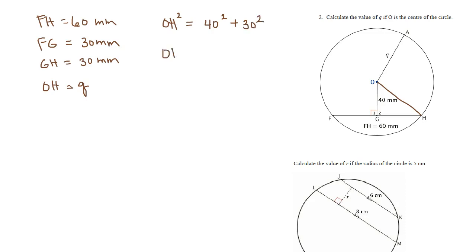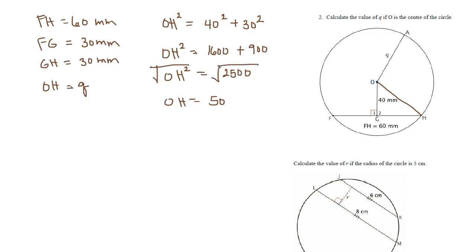Then OH squared is equal to 1600 plus 900, and OH squared is equal to 2500. By taking the square root of both sides, OH is equal to 50 millimeter.